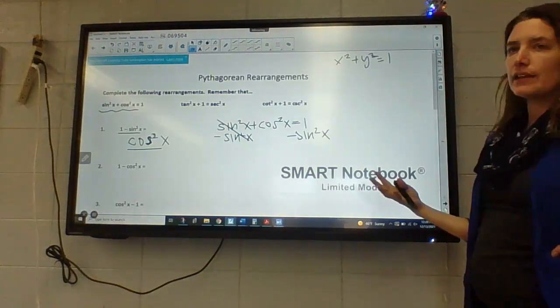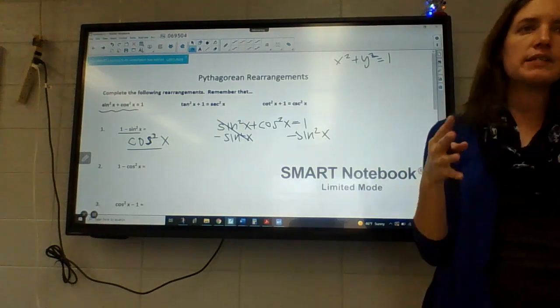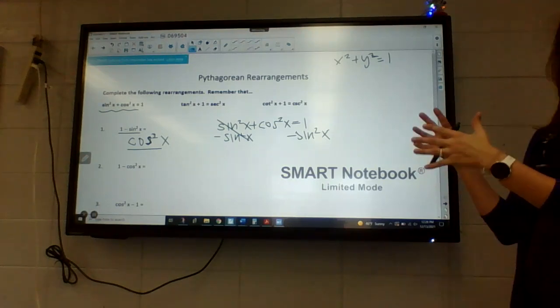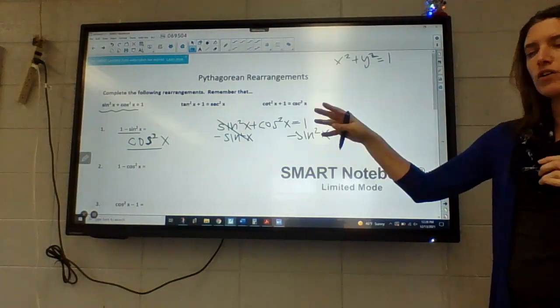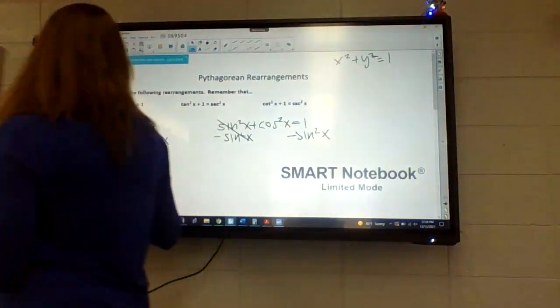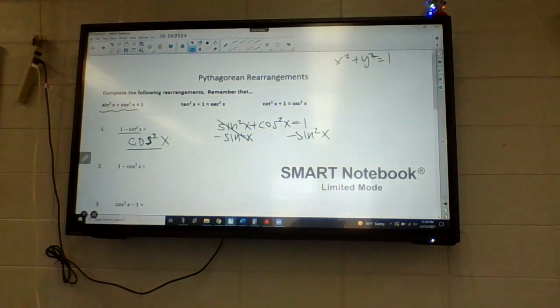X and y aren't like terms, just like sine and cosine aren't like terms. But I can still rewrite things and move things over to the other side. See if you can figure out what these equal. I'll give you a little bit of time. The first two are pretty straightforward. After that, it might get a little bit tricky.